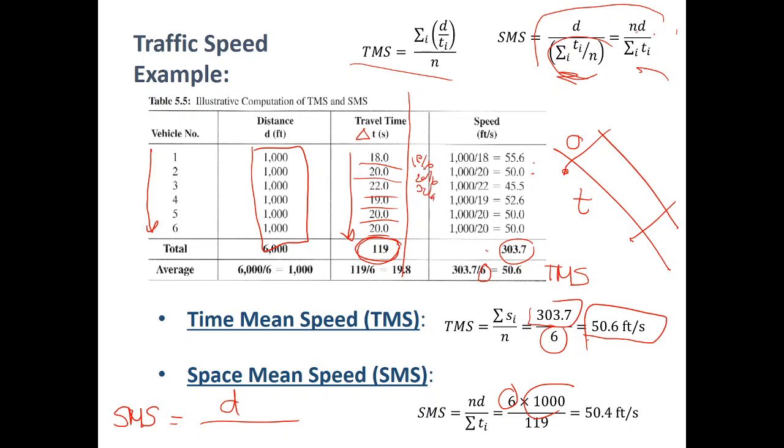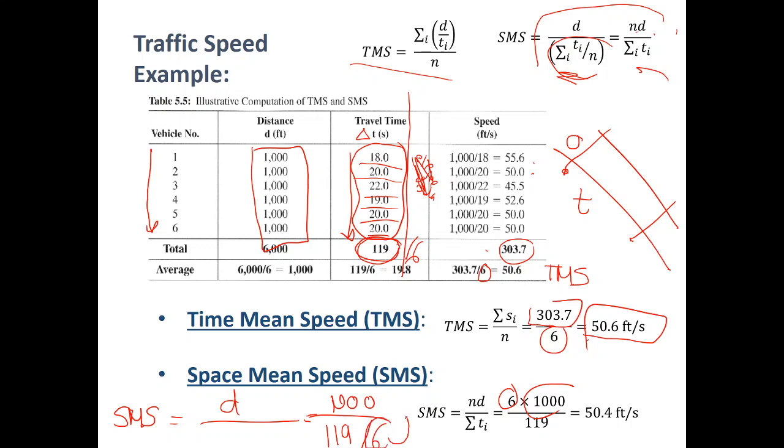You do it here per vehicle, or you just calculate here 119 divided by 6. In other words, you're calculating the average travel time for the 6 vehicles. So it's equal to 1000 divided by 119 over 6.